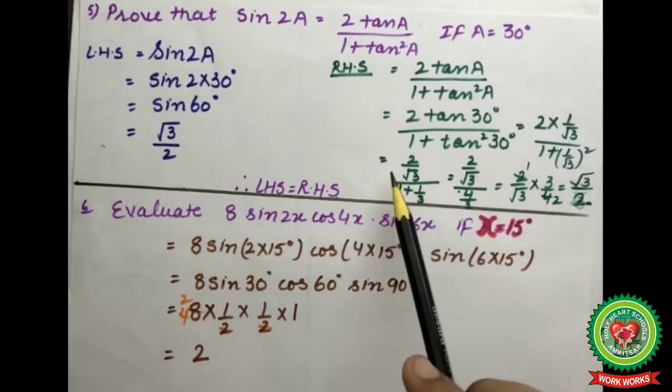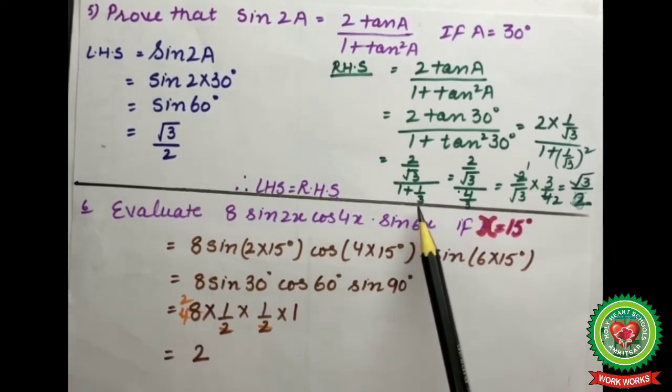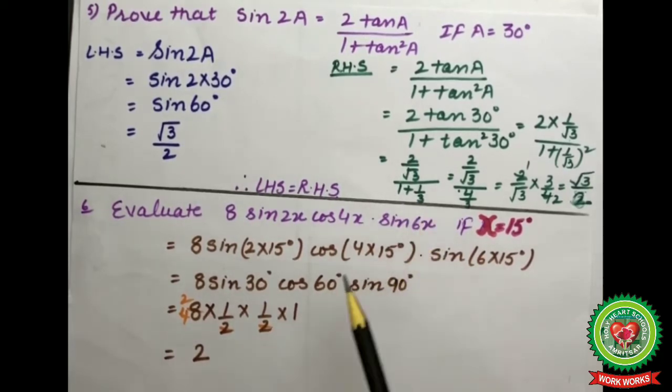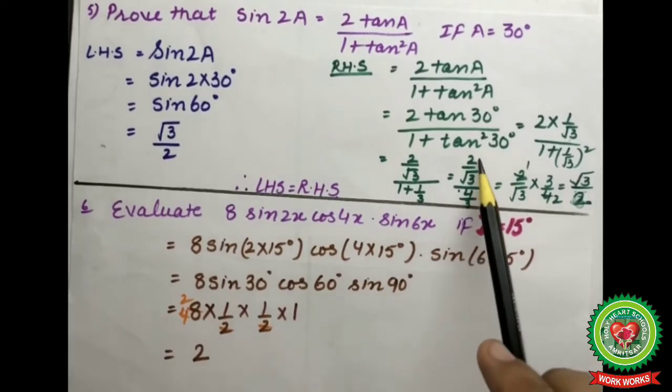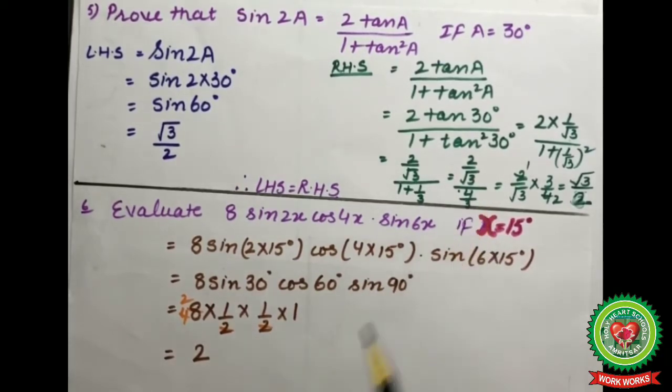So we'll get 2 upon under root 3 upon 1 plus 1 by 3. So in the denominator, we have to take the LCM. On taking LCM in the denominator, we'll get 2 upon under root 3 upon 4 upon 3.